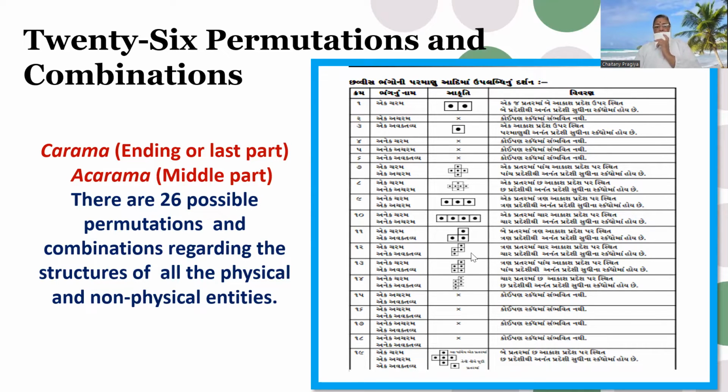And if this structure is having 3 atoms, but they are located in 2 space lines, upper and lower, 2 atoms are located here and 1 atom is located here, then you can see that they are not having any middle part, because all are ending in some directions.